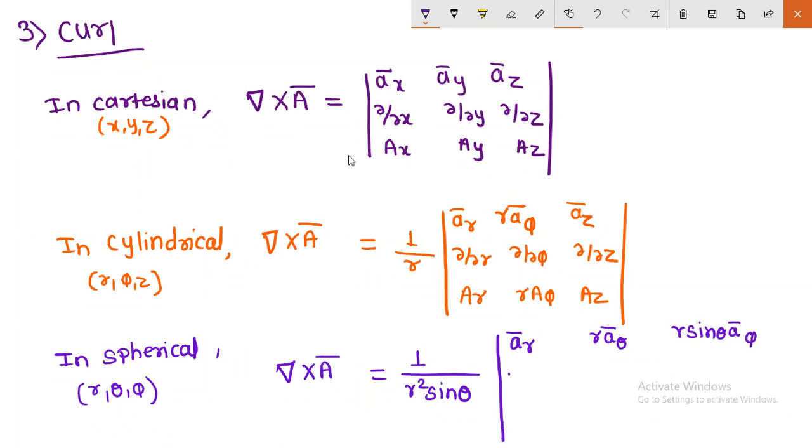Then dabba upon dabba r, dabba upon dabba theta, and dabba upon dabba phi, and the coefficients are ar, then r into a theta, and third is r sine theta a phi. Note everything correctly because there are examples on this. If you write the formula correctly, only then can you solve the example correctly.